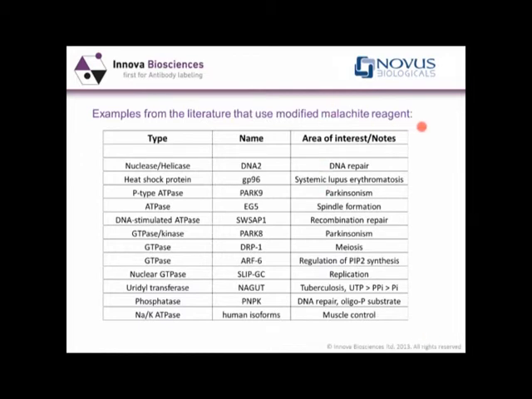These are examples from the literature that use modified Malachite reagents. These are just some that I've lifted from the literature. So people are measuring nuclease stroke helicases, heat shock proteins, P-type ATPases, DNA stimulated ATPases, GTPases, nuclear GTPases, transferases.